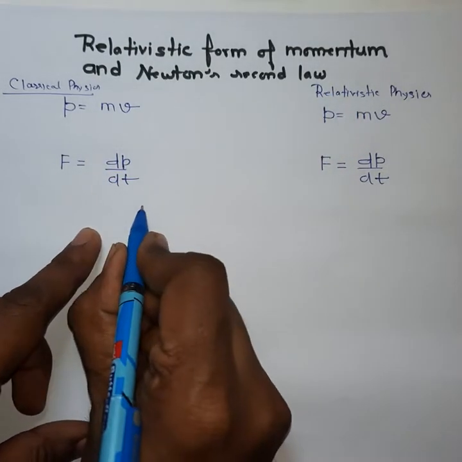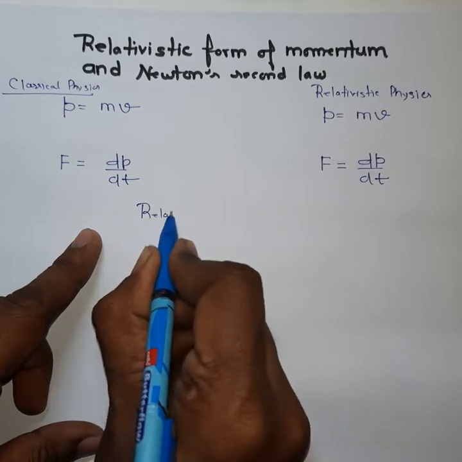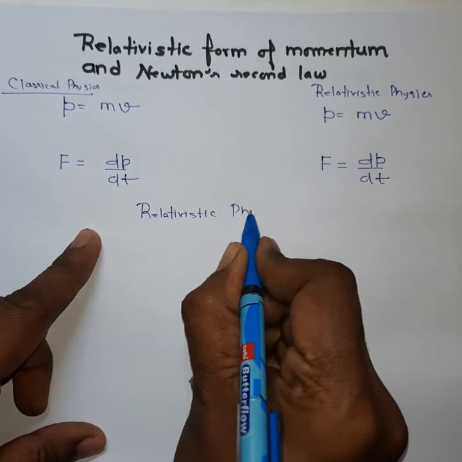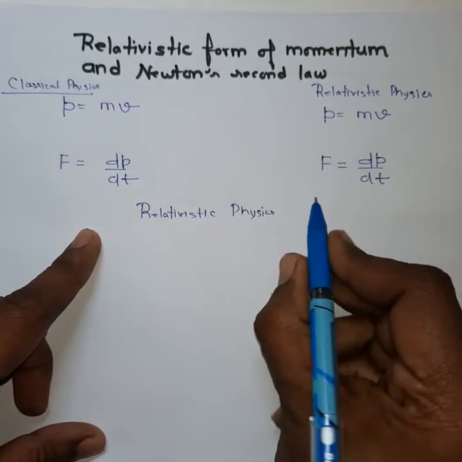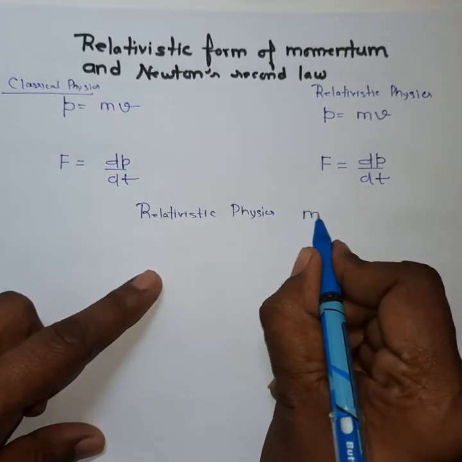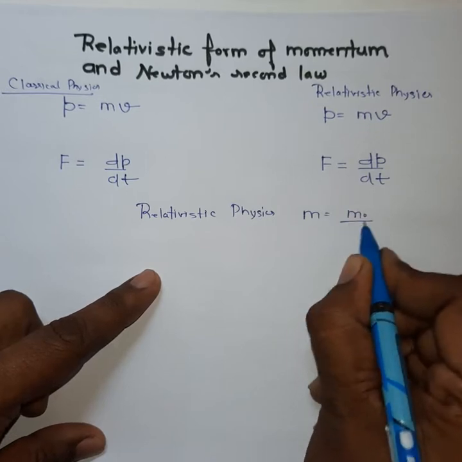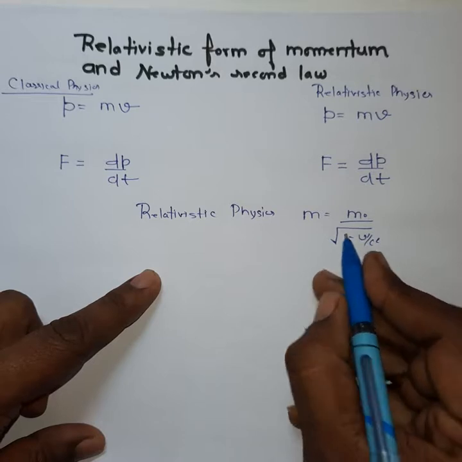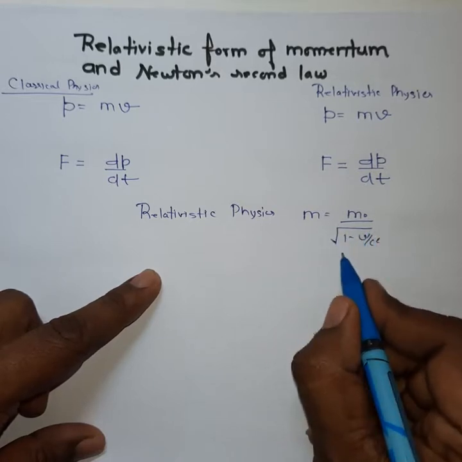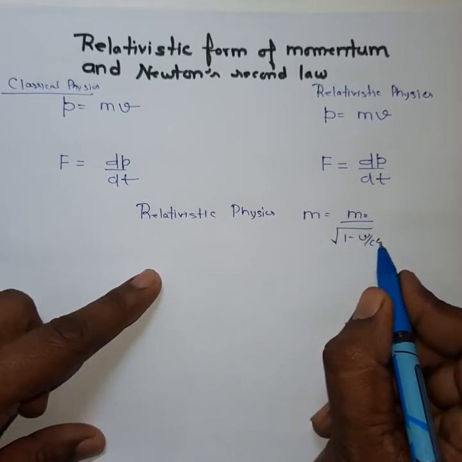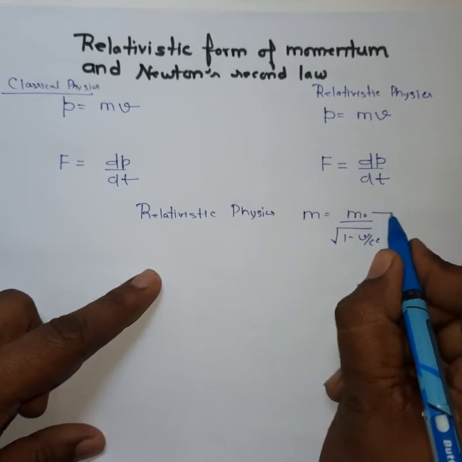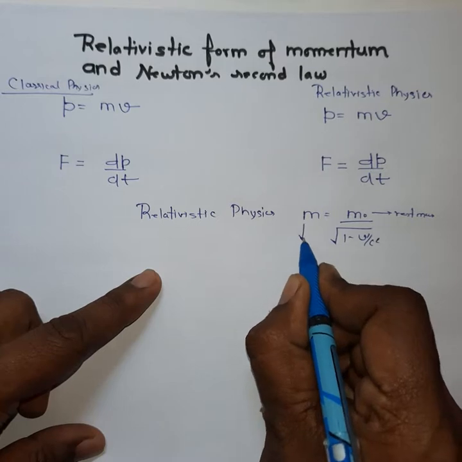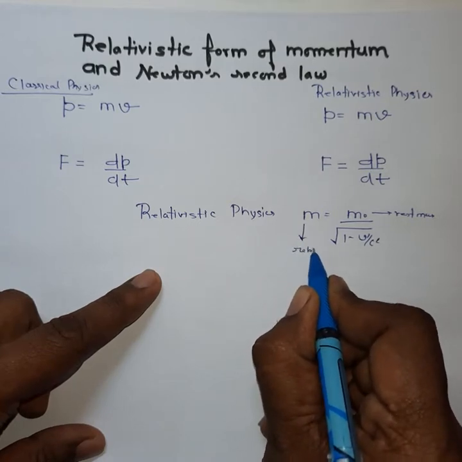As you know, in relativistic physics, mass varies with velocity, that is, mass is a function of velocity. So you are already familiar with this expression: M = m naught divided by the square root of 1 minus v square by c square, where m naught is the rest mass and M is the relativistic mass.